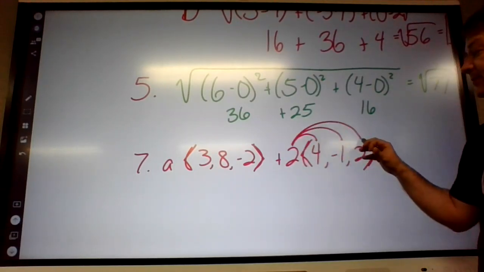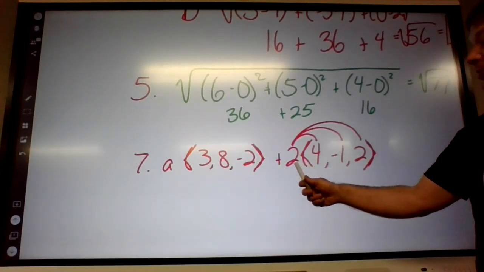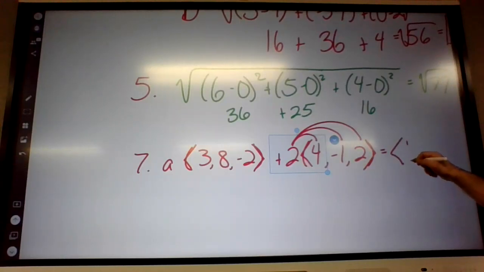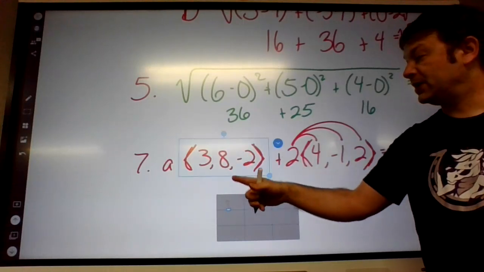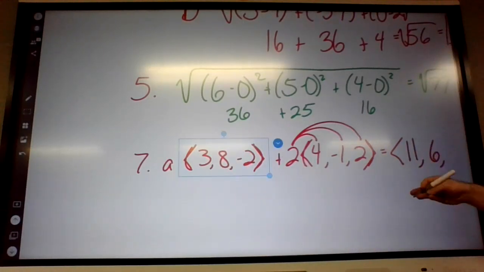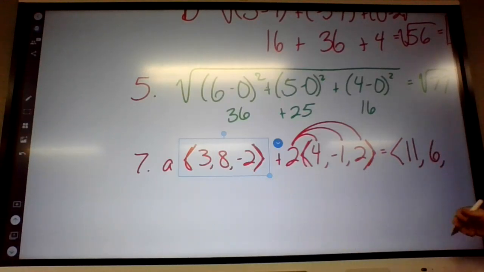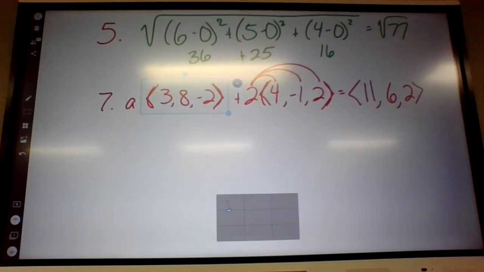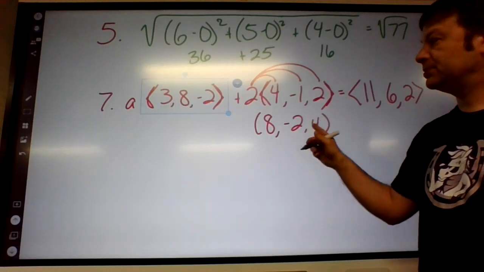So you just multiply this vector by 2, and then add it to that vector. 4 times 2 is 8, plus 3 is 11. Negative 1 times 2 is negative 2, plus 8 is 6. 2 times 2 is 4, plus negative 2 is 2. So anyway, I just multiplied these by 2 and added them to the other vector.